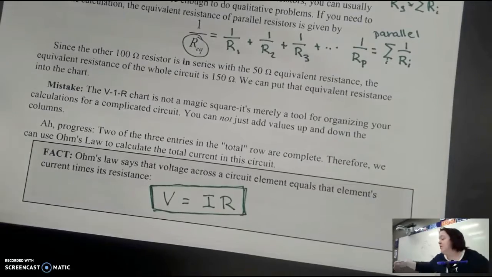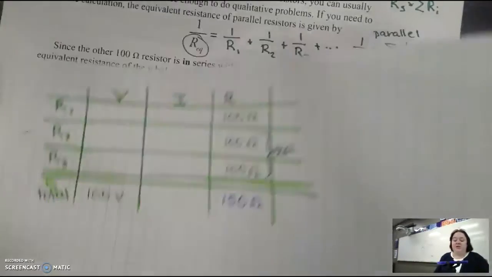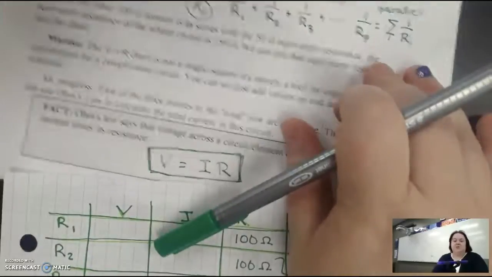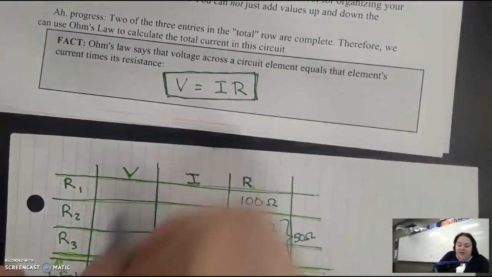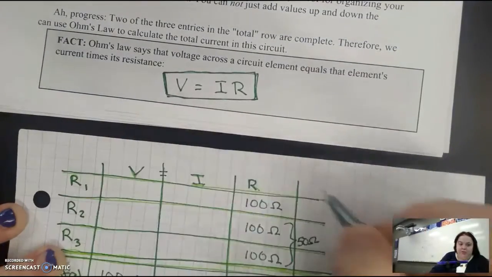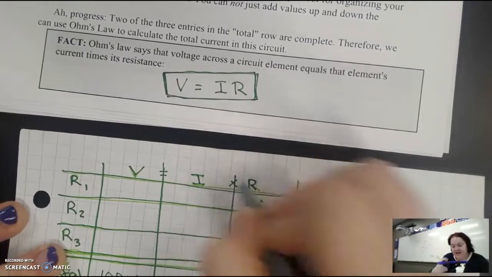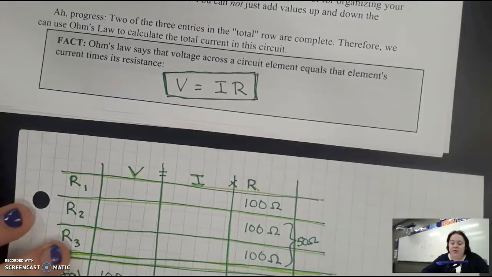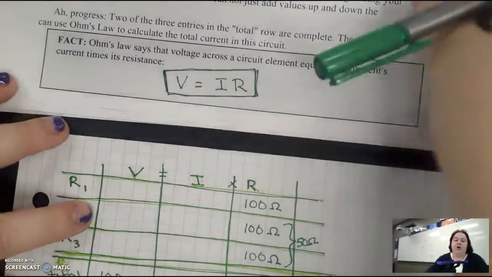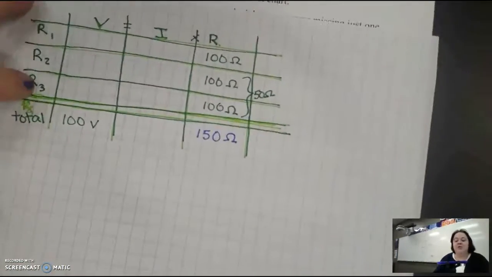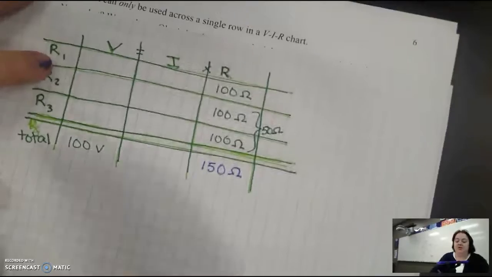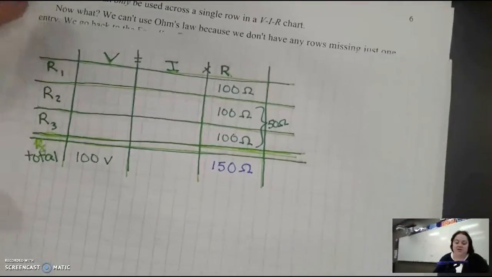That's the reason that we wrote our things in the order we did in our VIR chart, because then you can literally think of it as V equals I times R. Here we know V and we know R. It can only be used across a single row, for the record, so no skipping around or anything crazy.